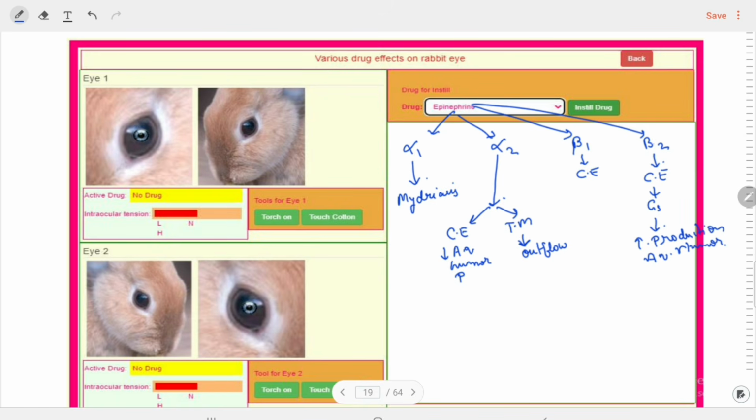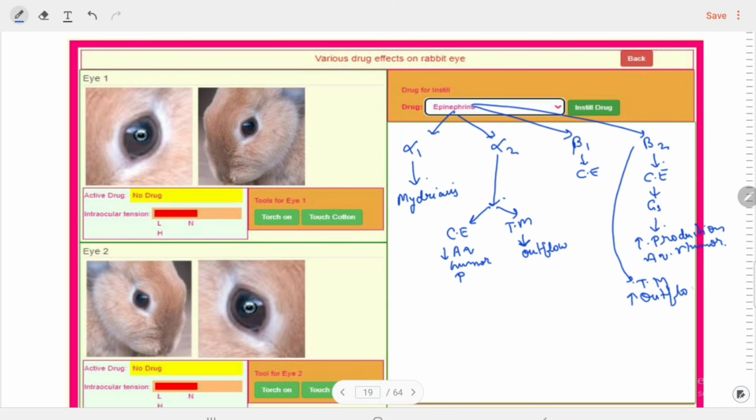And the beta 2 is also present in the trabecular meshwork, and from the trabecular meshwork it will lead to the increased outflow.